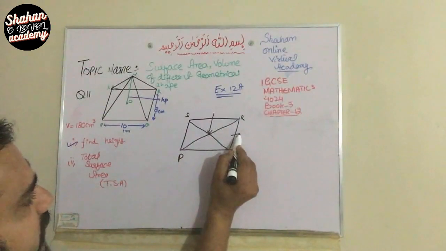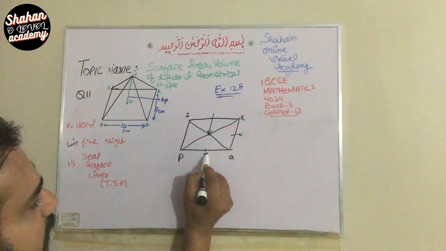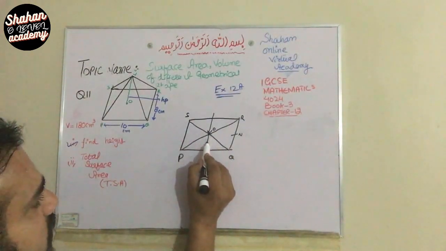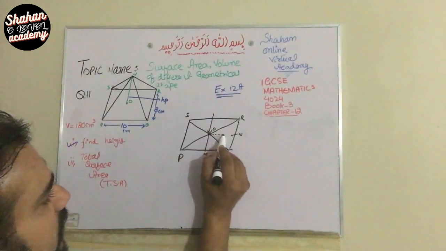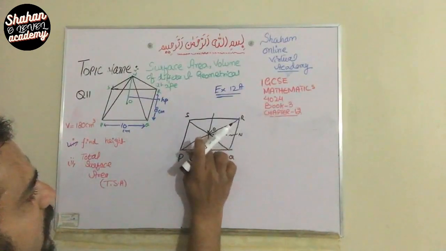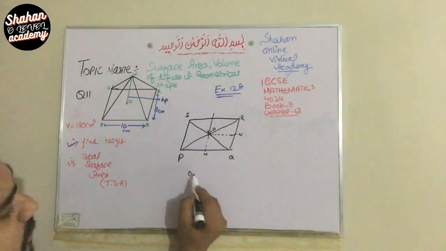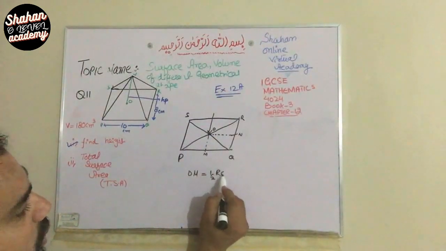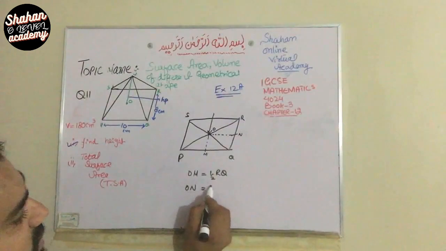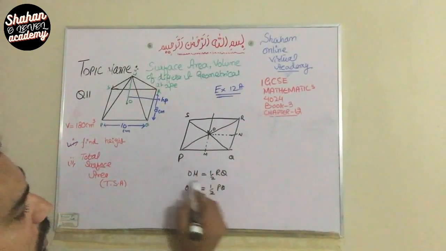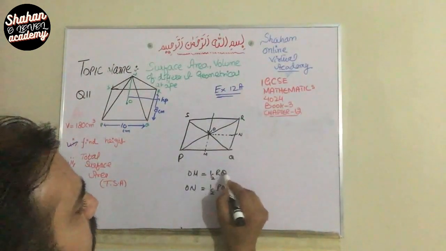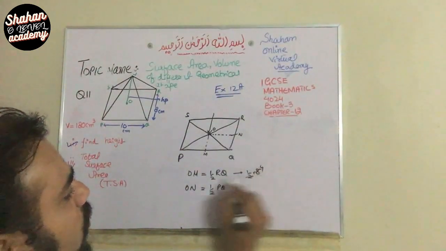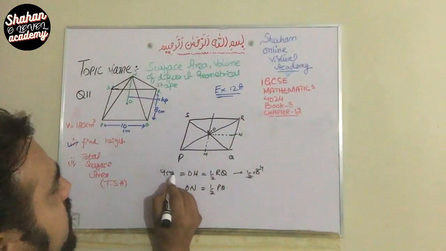If this point is N and this point is M, and if we draw a straight perpendicular, we will see that OM is equal to half of the length of RQ, and ON is half of the length of PQ. So what is the value of OM? RQ is 8, so the value of OM is 4 centimeter.